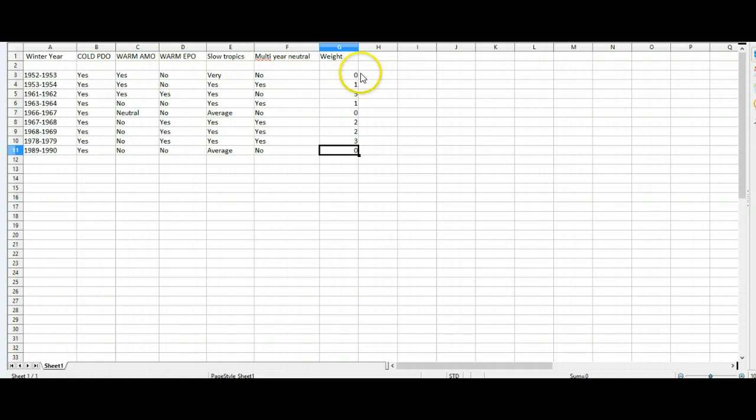Here we have 52, 53, which does have a cold PDO and warm AMO, but it has cold EPO, and it was not a multi-year. So I decided that one probably isn't a good match. Now 53, 54, that one didn't have a warm EPO, but it did have the multi-year factor. So I thought that one was a decent match, and I put that one in as a one weight.